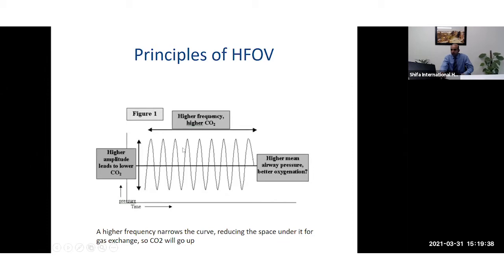When the curve becomes narrower, the area under the curve is small, and that reduces the CO2 clearance and will lead to high PCO2. So that's how these three things work. Higher mean airway pressure leads to better oxygenation, higher amplitude leads to low PCO2, and high frequency will lead to high PCO2, and vice versa.